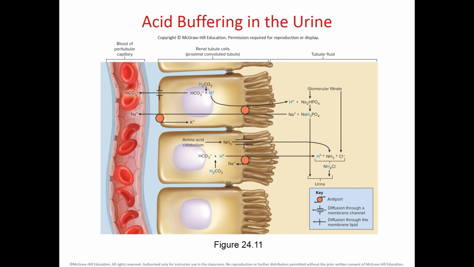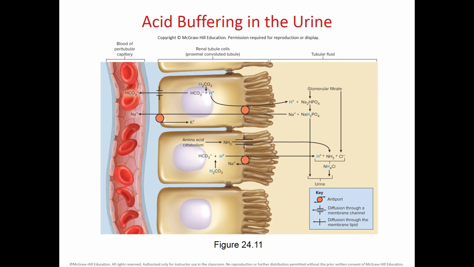And then in this part, you can see how within the tubular fluid you have excreted your hydrogen ions, and these hydrogen ions are now free to combine with these phosphate groups that will make this tubular fluid more acidic.